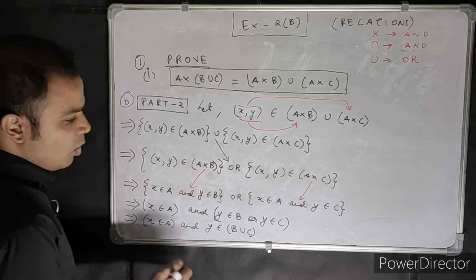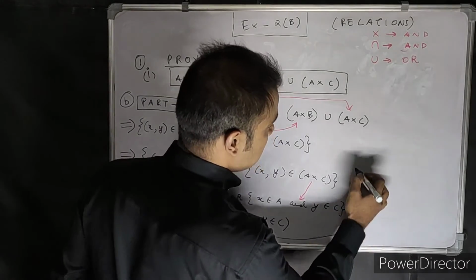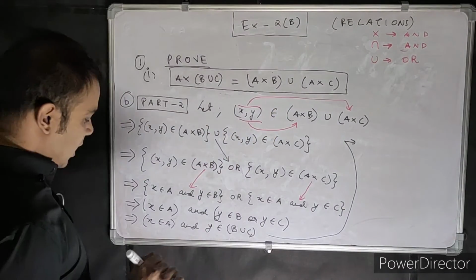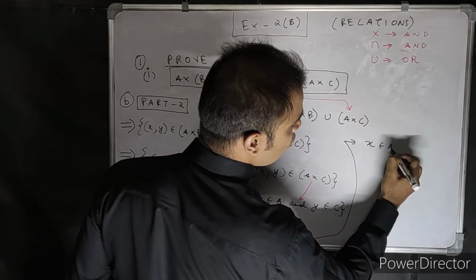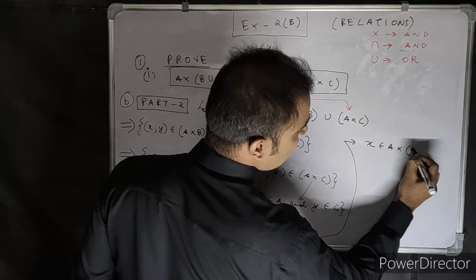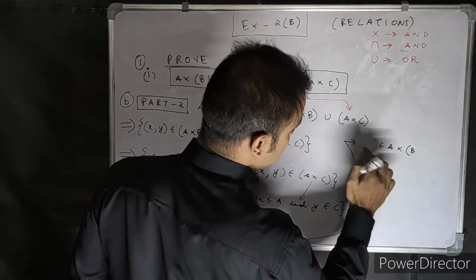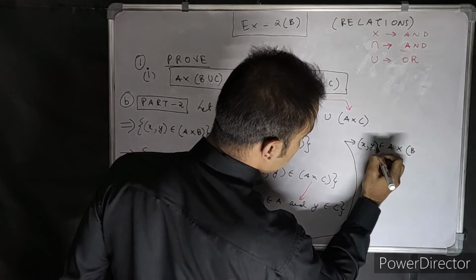Okay, now from here what do you have to do? Simple. You have two more steps left. From here you will write X belongs to A cross B. Sorry, not X, X comma Y, because we have got it in the coordinate form.